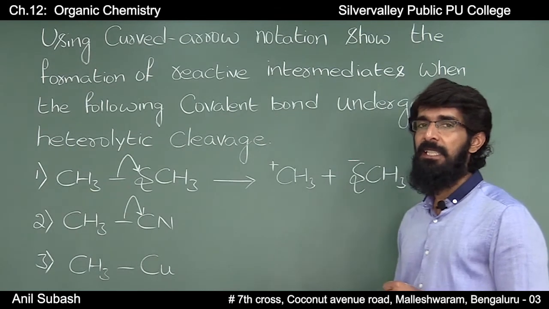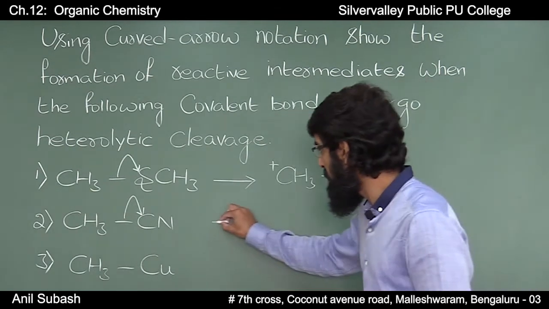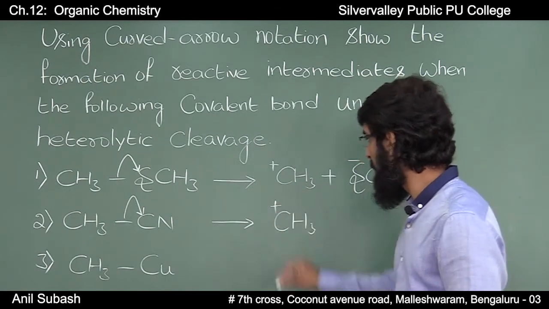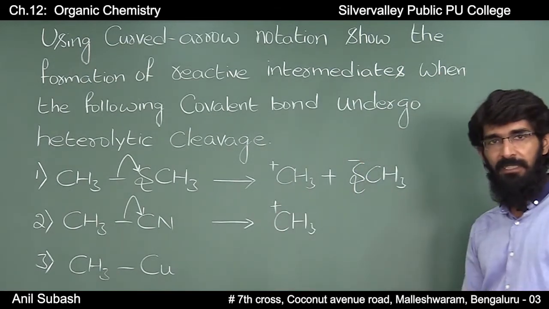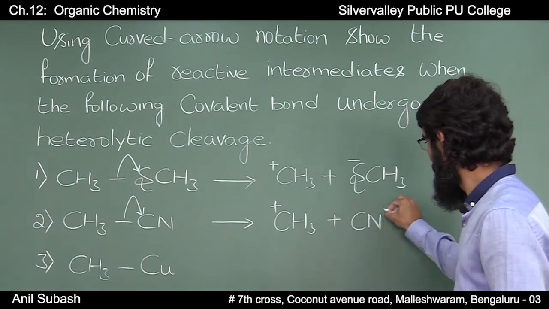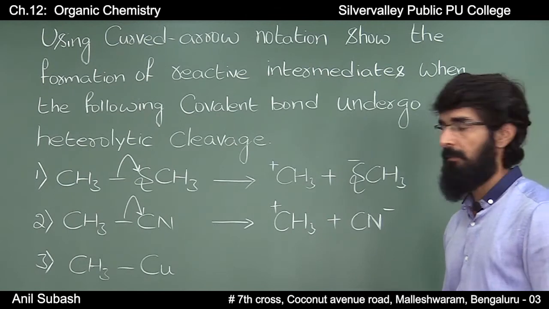Coming to the second example, the shared pair of electrons will move along with CN, and it leads to the formation of a methyl cation plus CN minus.